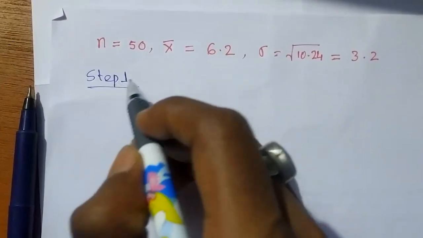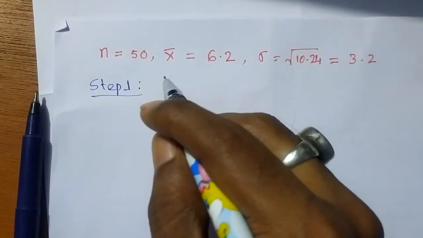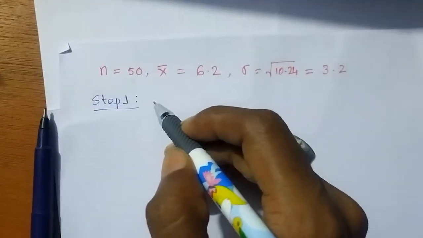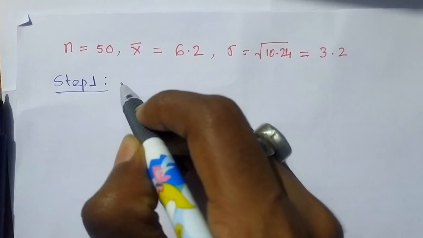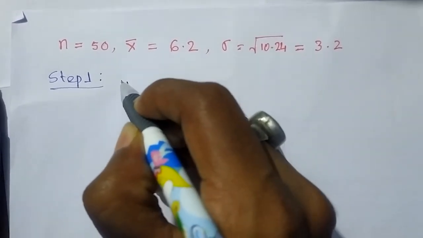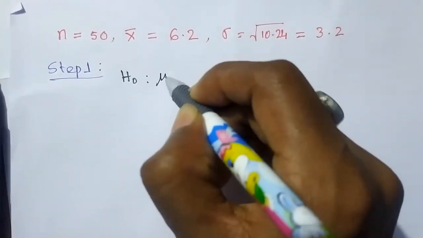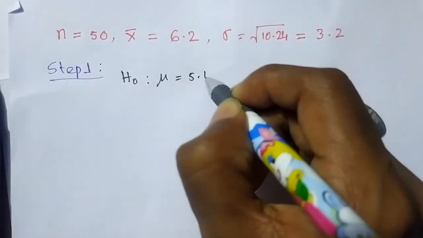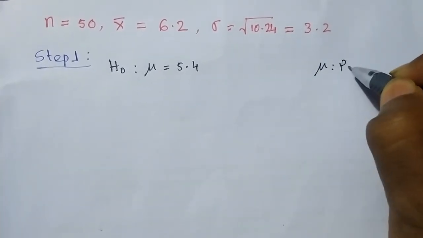So in step 1 I will define my null hypothesis and my alternate hypothesis. Here my null hypothesis, H0, is that mu is 5.4. Mu is the population mean.